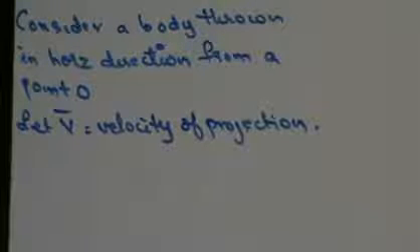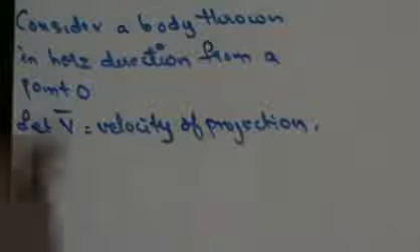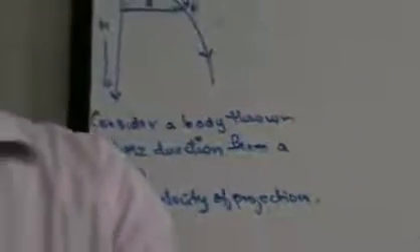Now consider x-axis along horizontal and y-axis perpendicular to that. The only force acting on the projectile is due to gravity in the vertical downward direction. Hence, the horizontal motion of the projectile is going to be a uniform motion. I am throwing the body in horizontal direction. Guys, I am not actually throwing the body down.